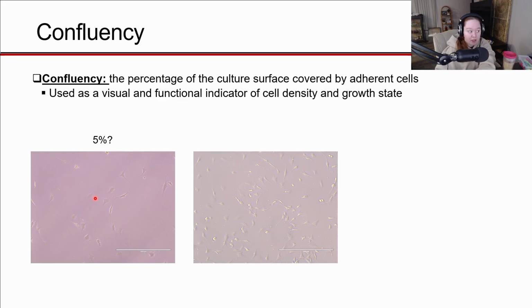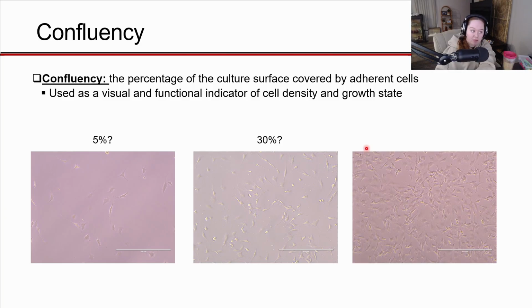Another person might look at this and think that that's 10%, and I would say that's valid too. This is a subjective practice. This image, I would say, is maybe 30%, and this one might be 80. These cells, I would call reaching confluency. So they're about at the point where you would want to passage them.